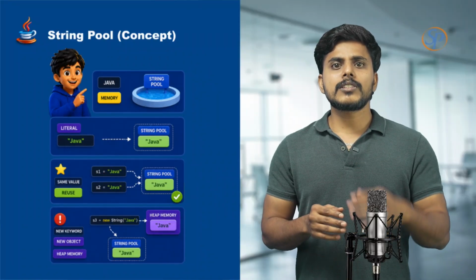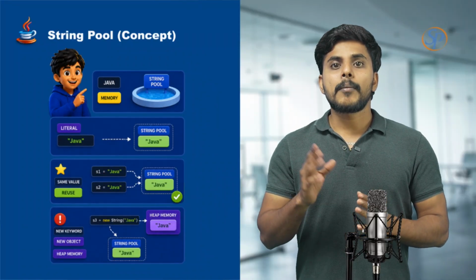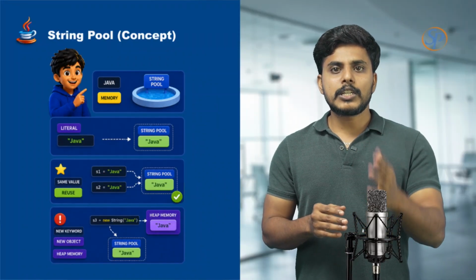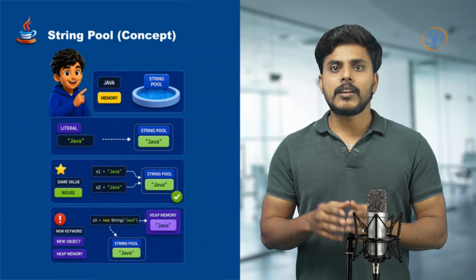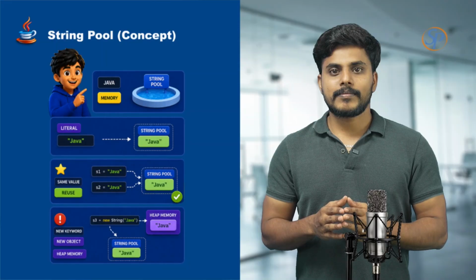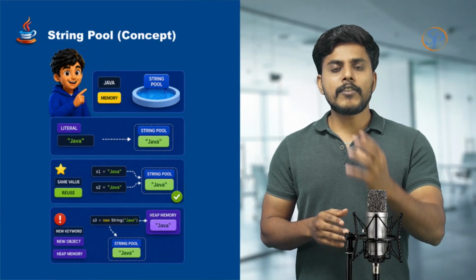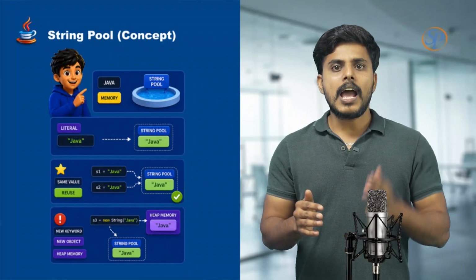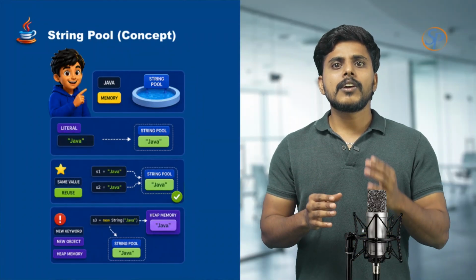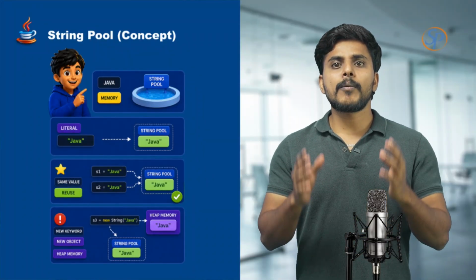It will reuse the existing one. But when we use the new keyword, Java creates a new object in heap memory, not in the string pool. So, what we will do now, we will create strings using both ways, literal and new keyword, and see where they are stored and how memory works.